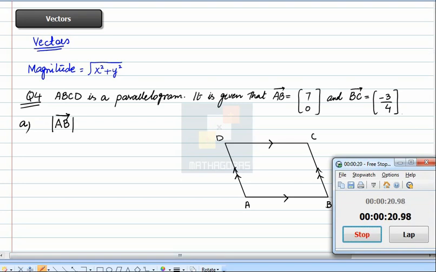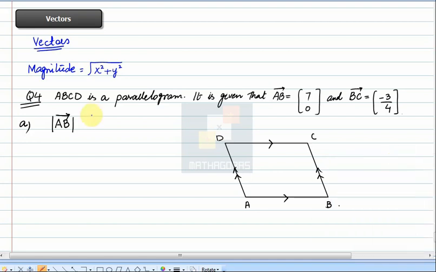Apply the working formula. X square plus y square with a root sign gives you the value of magnitude. Done.